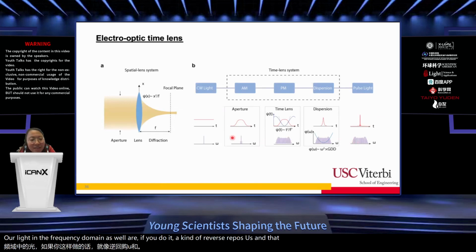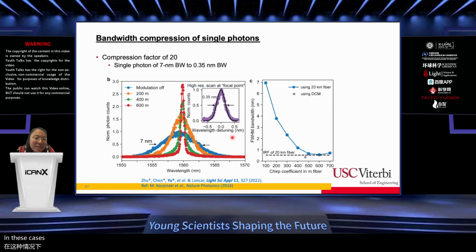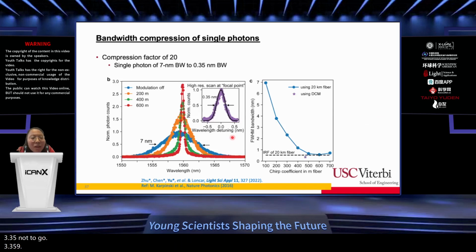And that's indeed what we observed. In this case, in the quantum domain, we can compress the single photon bandwidth from 7 nanometers down to 0.35 nanometer bandwidth using our time lens device as well.